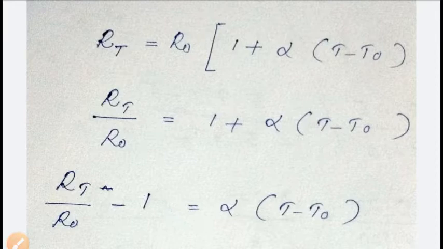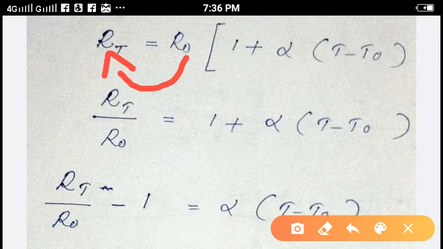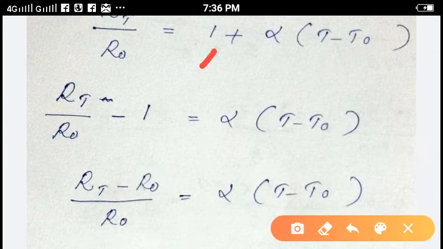From the given equation, RT is equal to R0 into 1 plus alpha into T minus T0. To have an equation for alpha, let us bring all the terms except alpha from RHS to LHS. First bring R0 to LHS. It will become RT divided by R0 is equal to 1 plus alpha into T minus T0. Next, bring 1 to LHS.